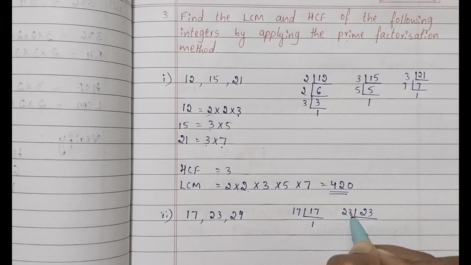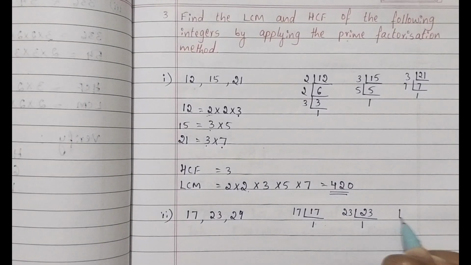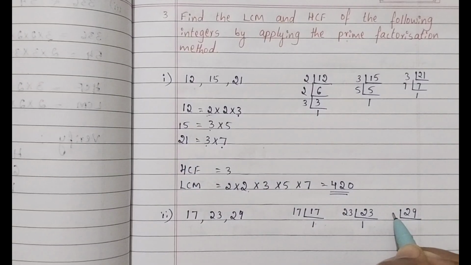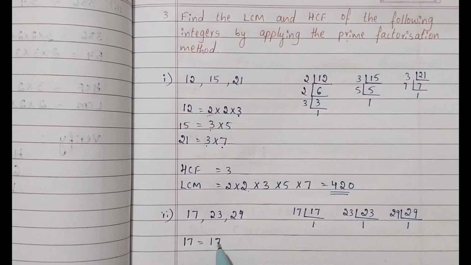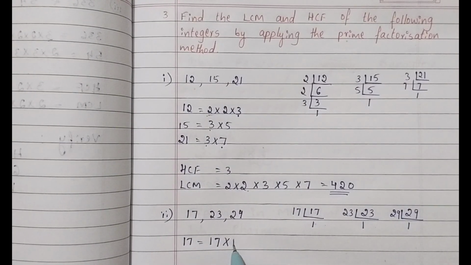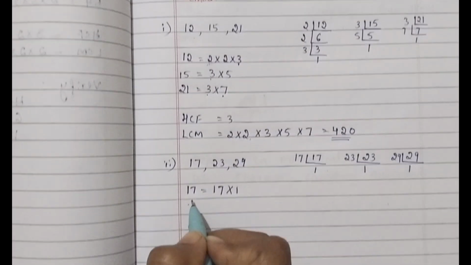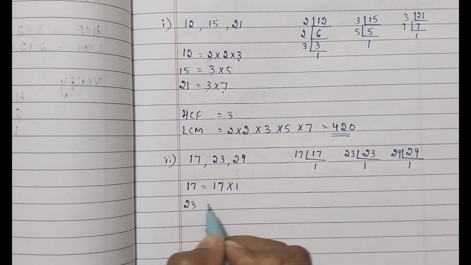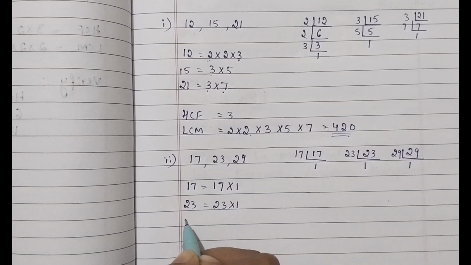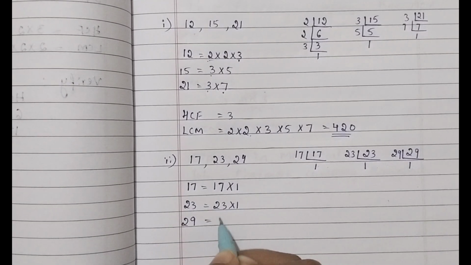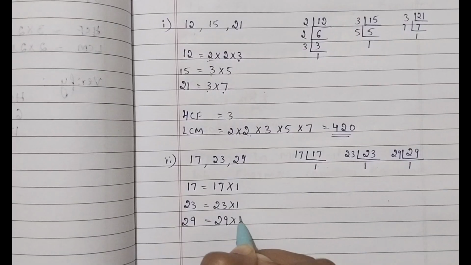Next, 23 is also a prime number, so 23 is divided only by 23. 29 is also the same. So the factors of 17 are 17 into 1. Next, the factors of 23 are 23 into 1. Next, the factors of 29 are 29 into 1.